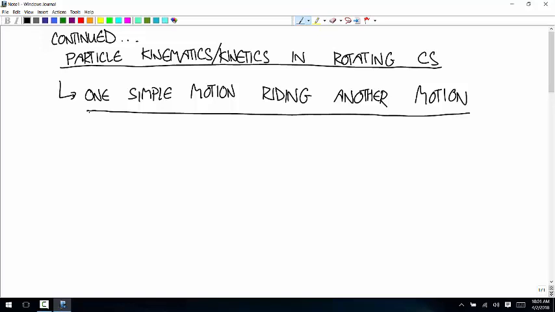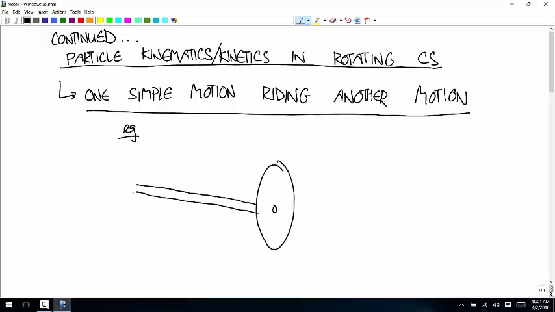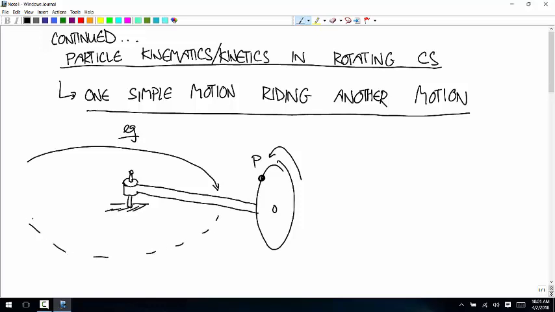So, for example, if you're tracking the motion of this particle P, and this disk is rotating at the same time that this arm is in circular motion, then if this arm wasn't rotating, if this was fixed, calculating the motion of this particle would be really easy.